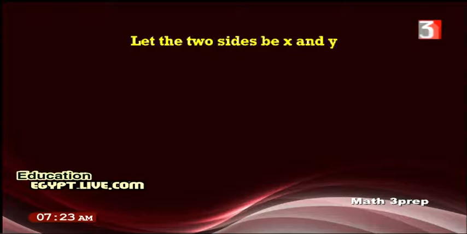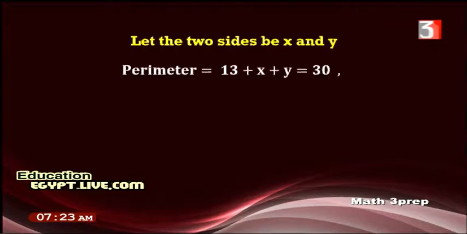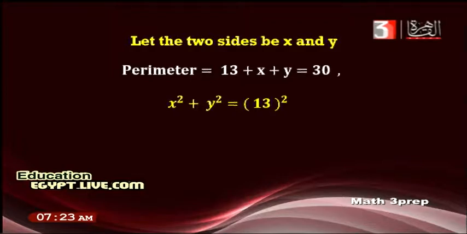What about its perimeter? The perimeter of a triangle is the sum of length of its sides. So we can say that perimeter equals the sum of its sides, which are 13 plus x plus y equal 30. Then can you find the value of x plus y? Of course, yes. x plus y equals 30 minus 13 gives 17. And what about the rule of Pythagoras theorem?